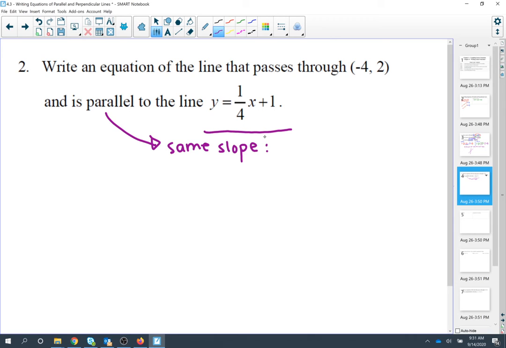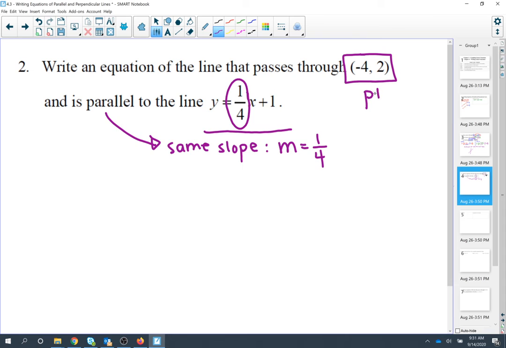I'm looking at this line going, okay, well, this is the y-intercept. I don't care what the y-intercept is. I just care about the slope. That's right here. So my slope has to be 1/4. And as for the rest of that line, I don't really care about it, because I know my equation of a different line has to pass through this point.